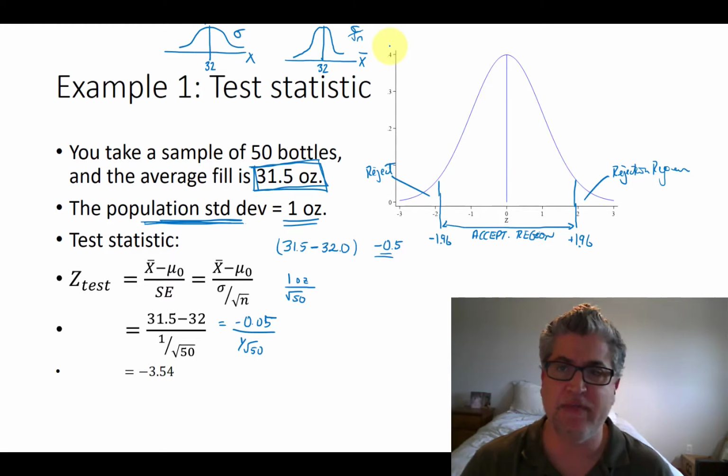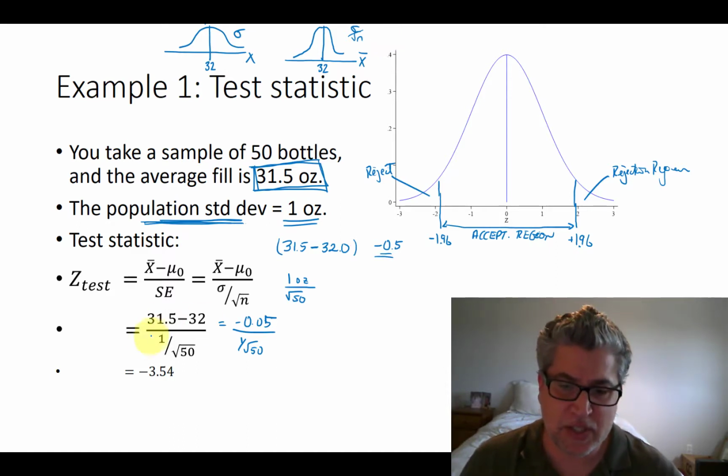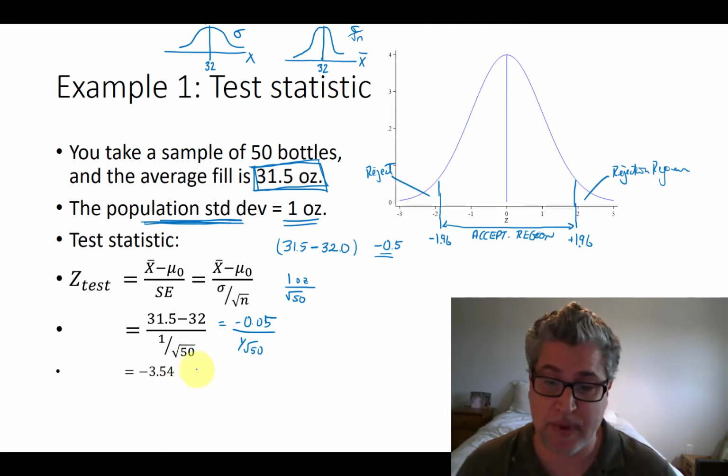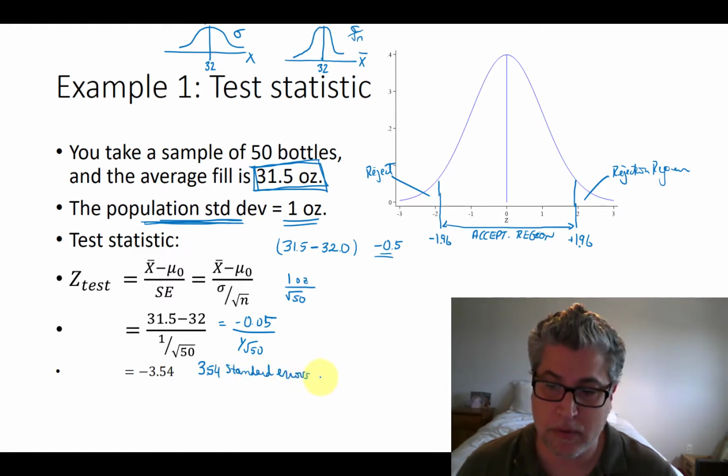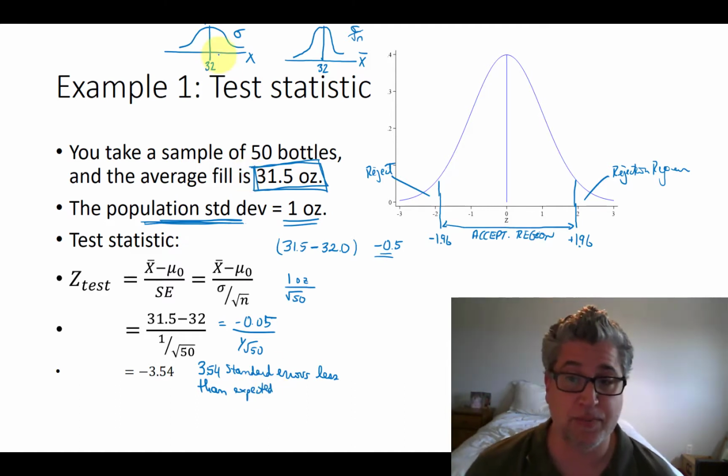So it's still a standard deviation, but we're expecting a whole bunch of stuff really close to 32. We got 31.5. So really, this is 3.54 standard errors less than we would expect, if the machine was working properly and it was filling at 32.